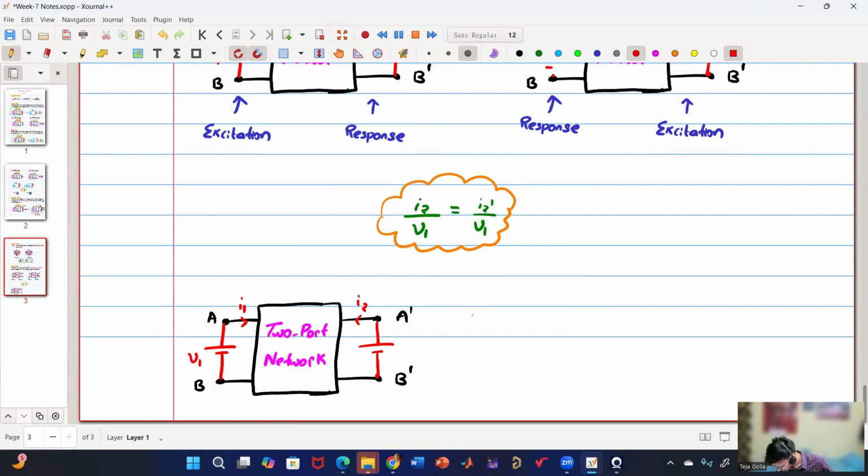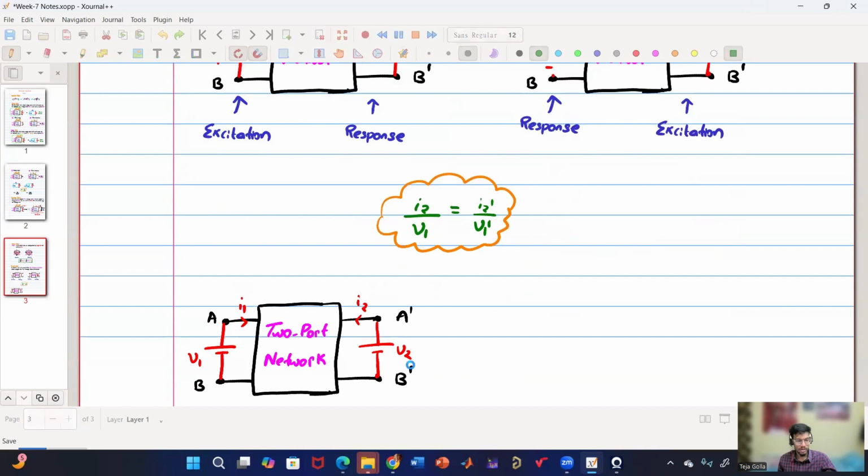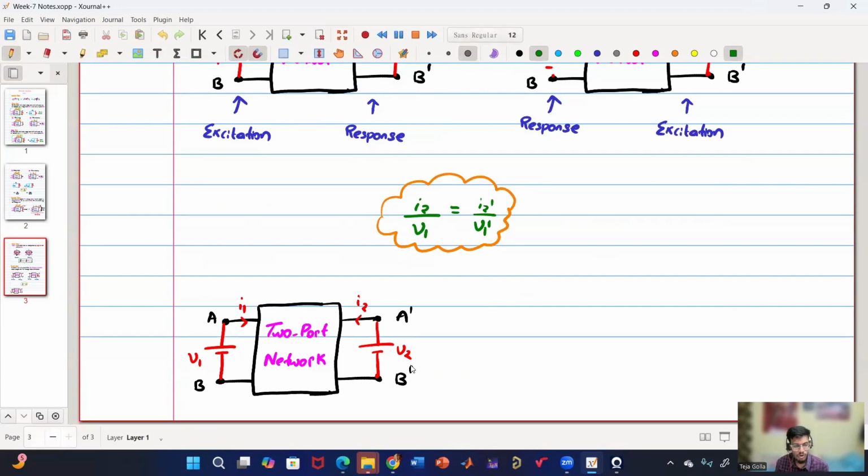Sir, this equation becomes I2 dash divided by V1 dash. Yeah. Okay, thank you. So this is the polarity: currents are always entering and the top terminal is always positive. This is the polarity that Sir has considered and we'll follow it throughout so that we'll not make any mistake.